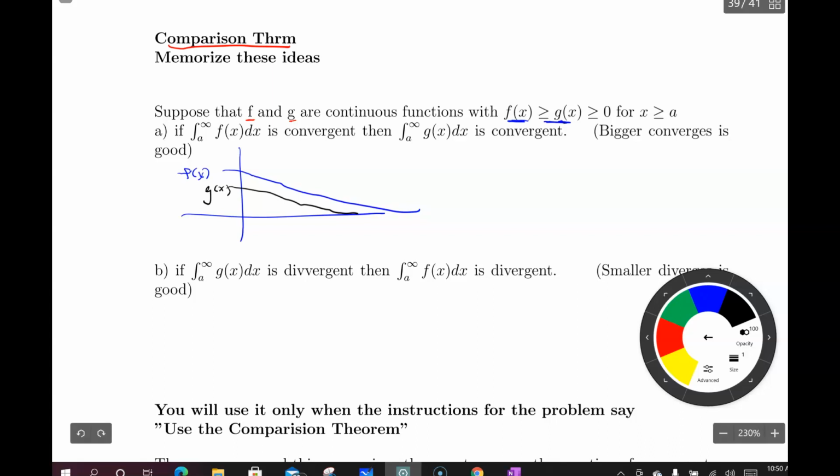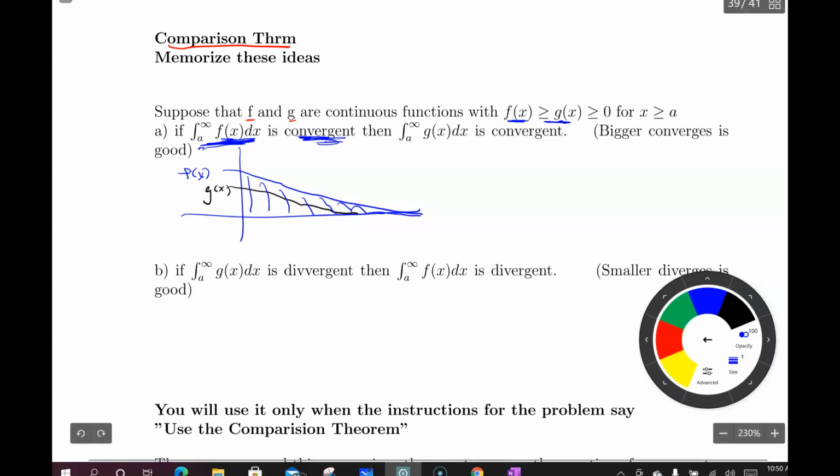If I know that the area under f of x from a to infinity converges, if I know that this area adds up, the blue area adds up, that's what it means to converge, that this would have a limit.